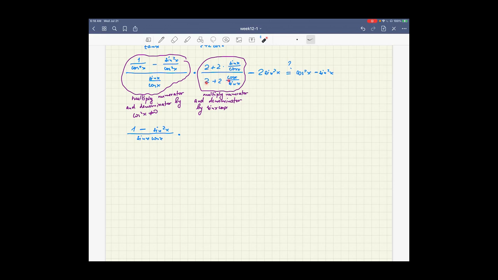Each term in this fraction is multiplied by the product, sine times cosine.